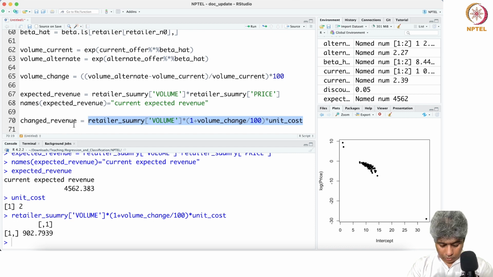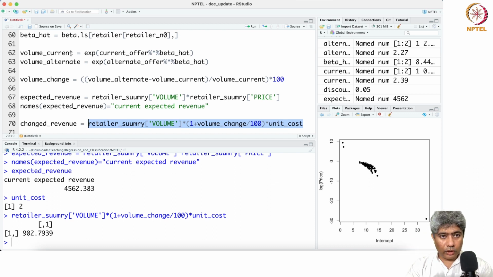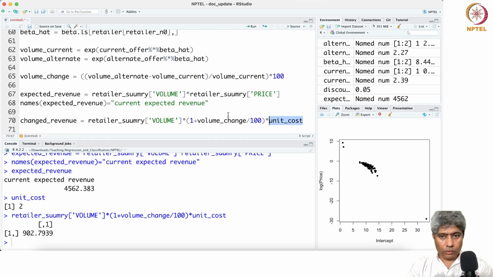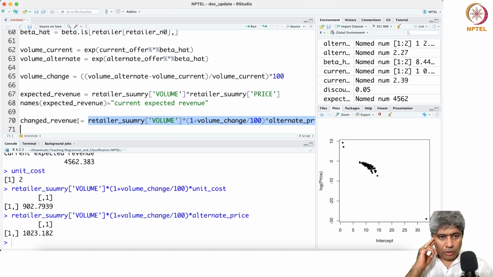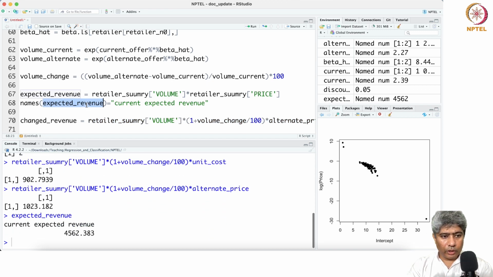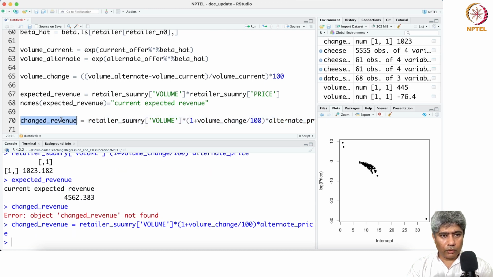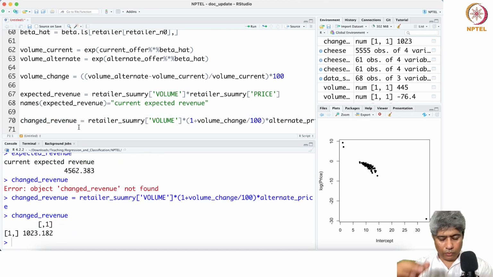Sorry, that will not be unit cost, that will be alternate price. So the expected revenue is 4,562 and the change revenue is, sorry, 1000 something, 1023, right?